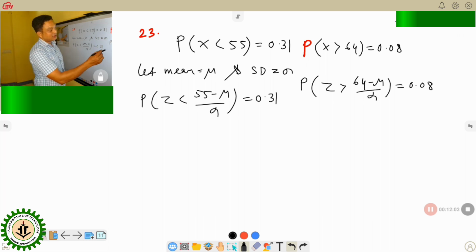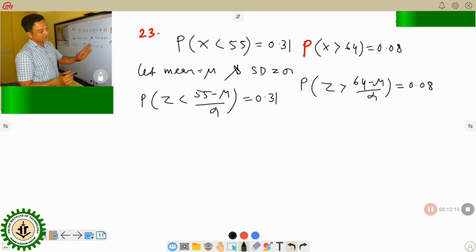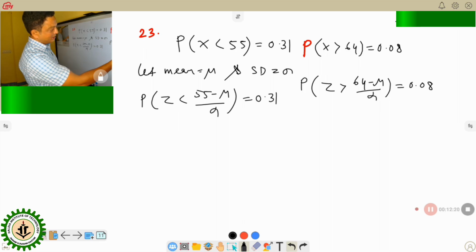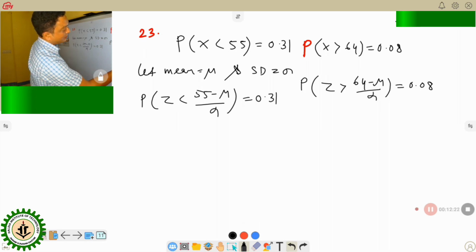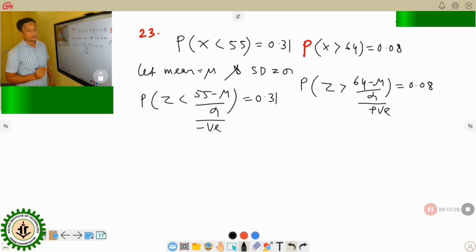For the second case, your lower limit is (64 minus mu) divided by sigma, and you are gathering the probability from this point up to infinity. Still, you have not crossed 0.5, so this is a number after 0, a positive number, and the other is a negative number. These two things are very important when you are finding the mean and standard deviation through normal distribution.